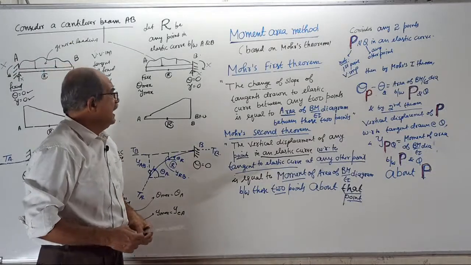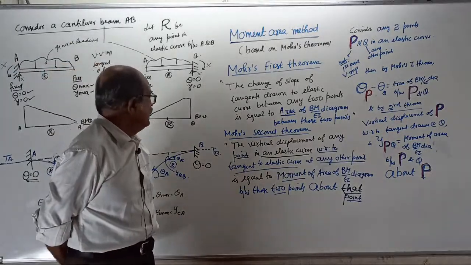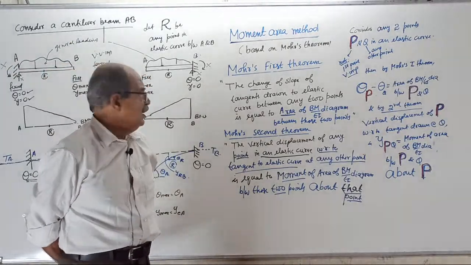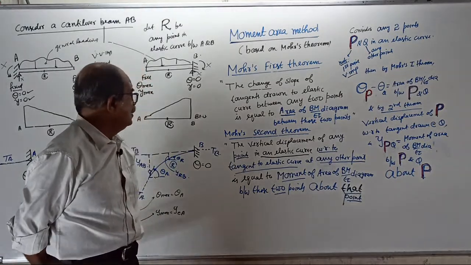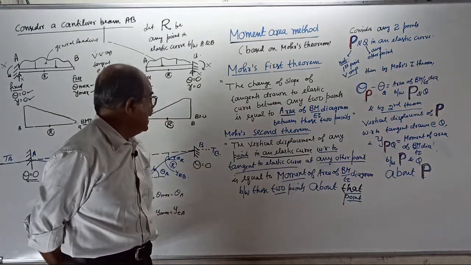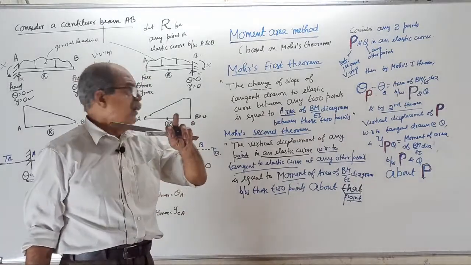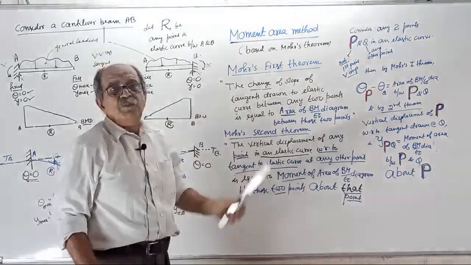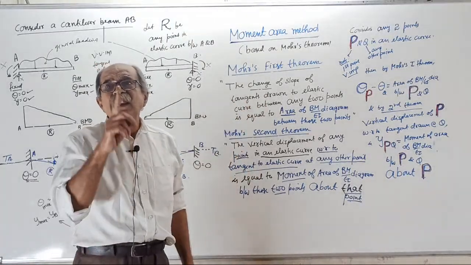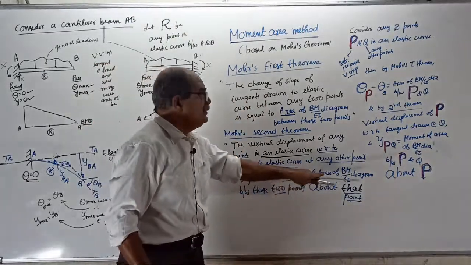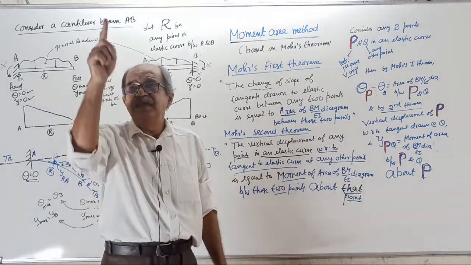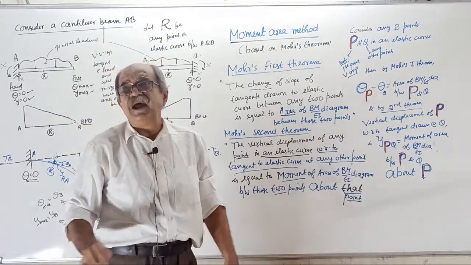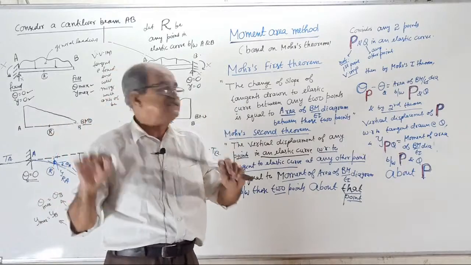So the vertical displacement of any point in the elastic curve with respect to the tangent drawn to the elastic curve at any other point is equal to, when you apply the first theorem, only area. Here, moment of the area means area multiplied by centroidal distance.